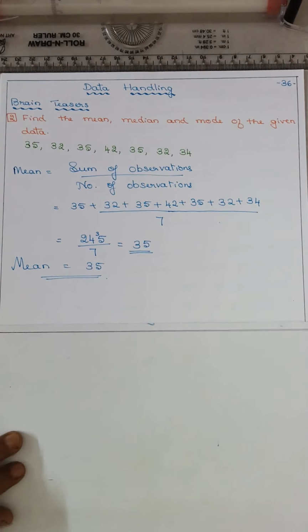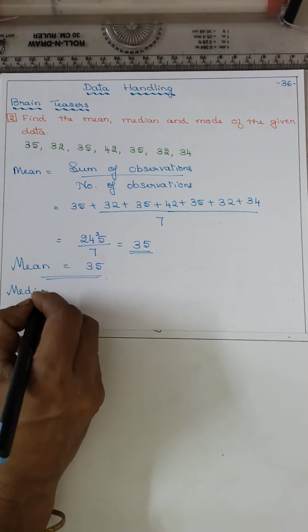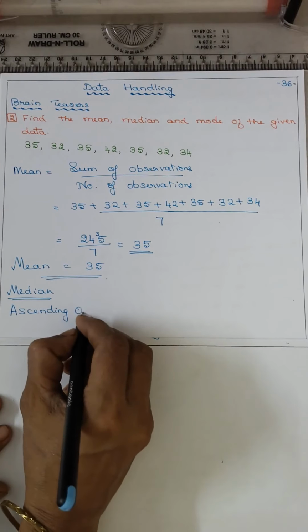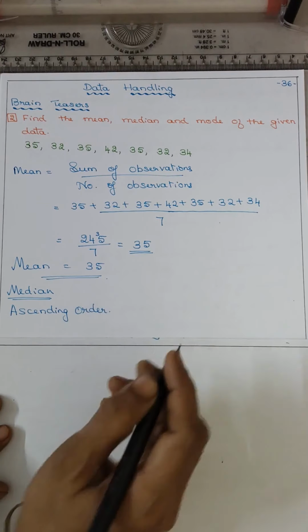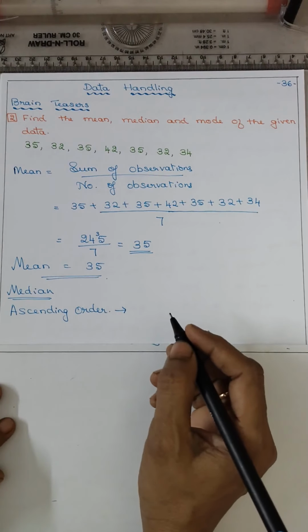Now next is median. So for median, what we have to do? The ascending order, isn't it? Without ascending order, you can't write the median. Okay, ascending order.